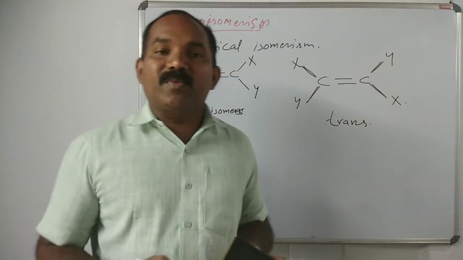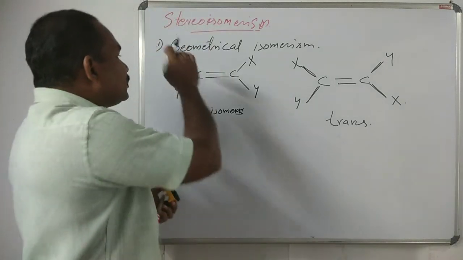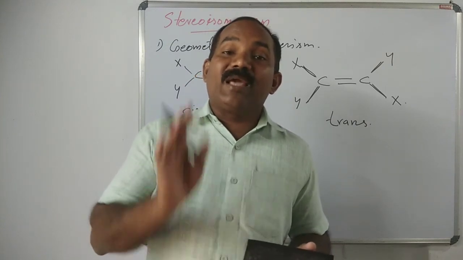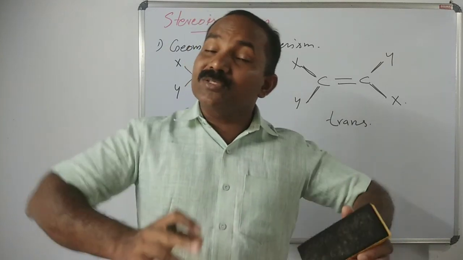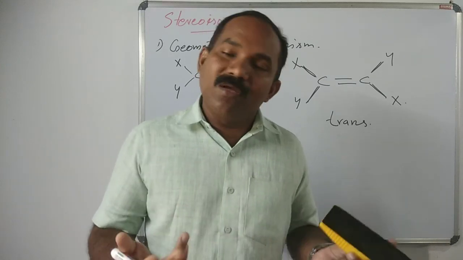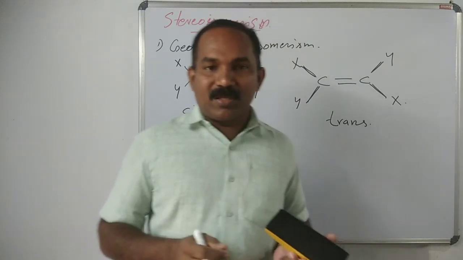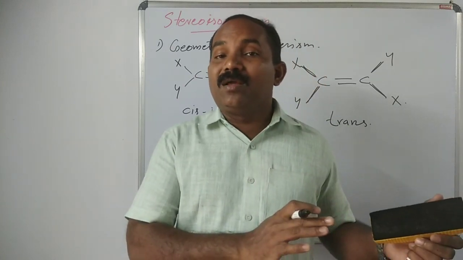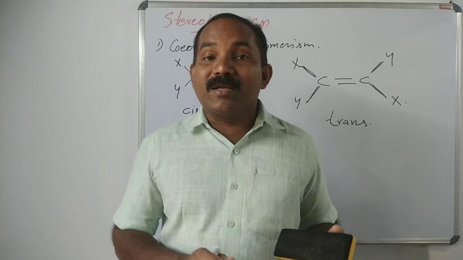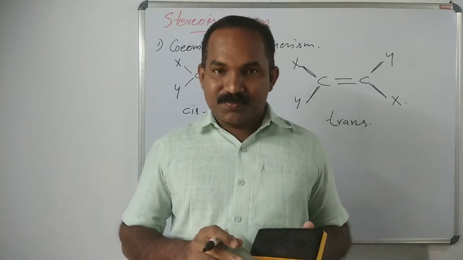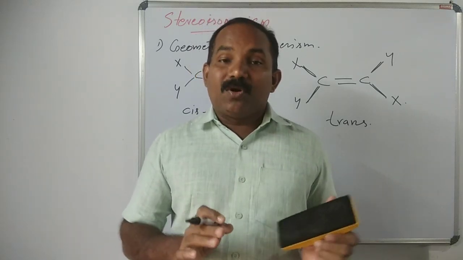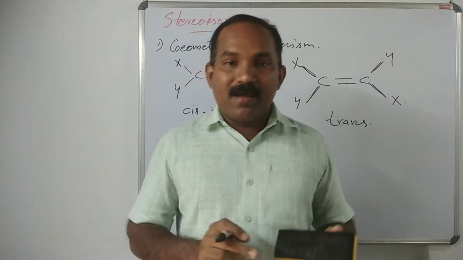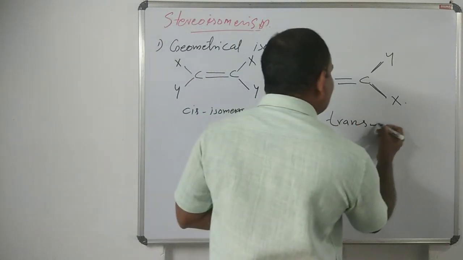So what is a cis isomer? In a cis isomer, the same atoms or same groups are on the same side of the double bond. Same atoms or same groups of atoms on the opposite side are called a trans isomer.